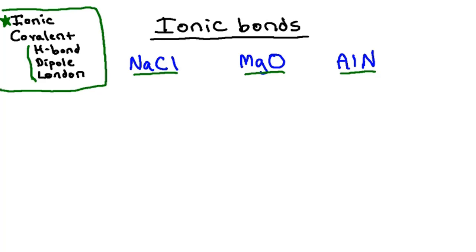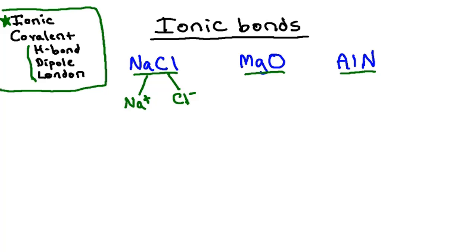So what we're going to do, these molecules are each connected by their ions. So NaCl is the ion Na plus, and Cl is the ion Cl minus.